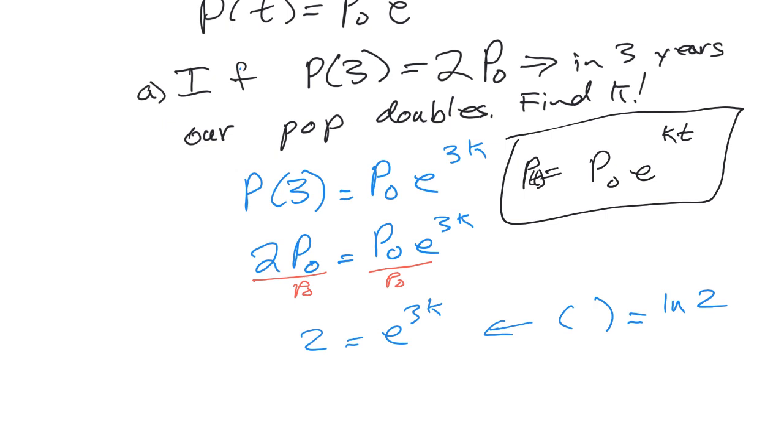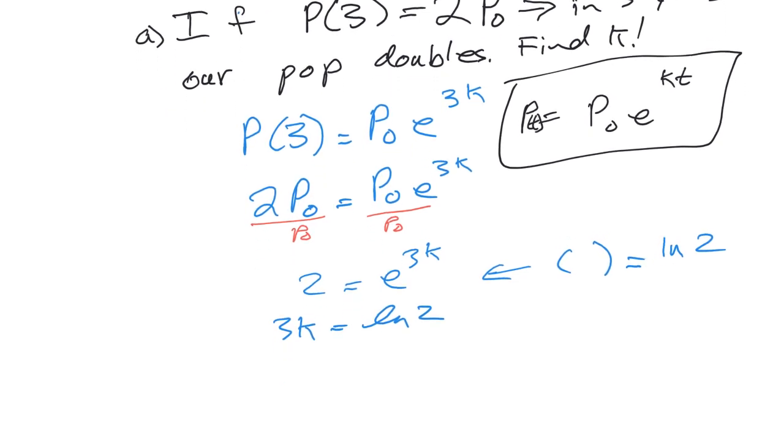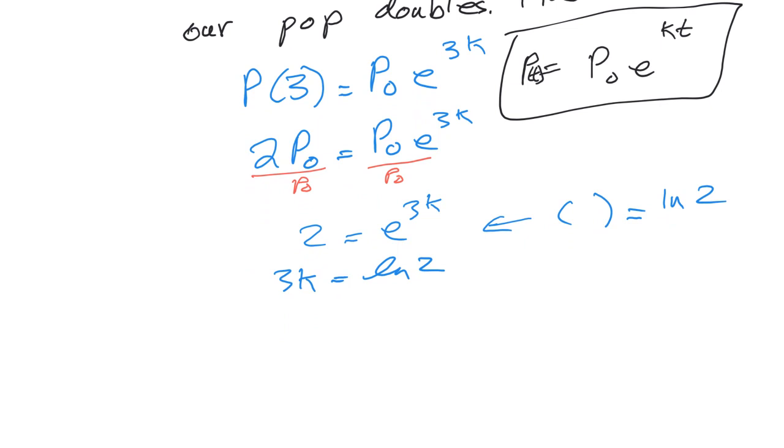So I'm actually saying, okay, 3k is equal to the ln of 2. So when we go and solve for k based on our understanding of what lns and logs are, we have k is equal to the ln of 2 divided by 3.